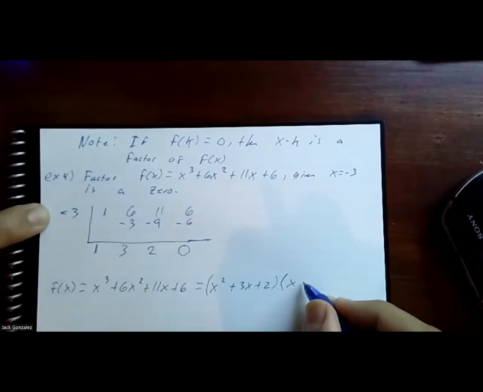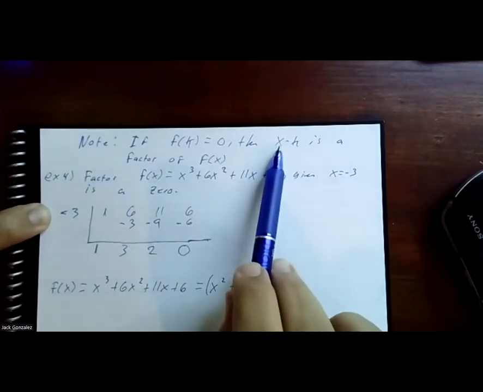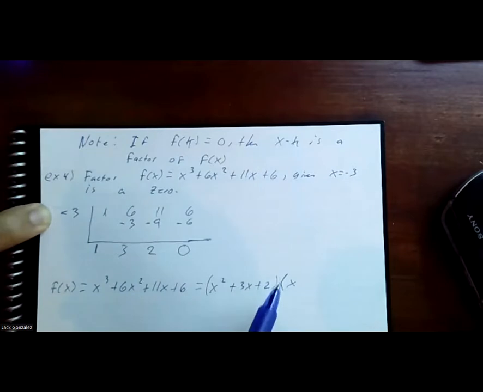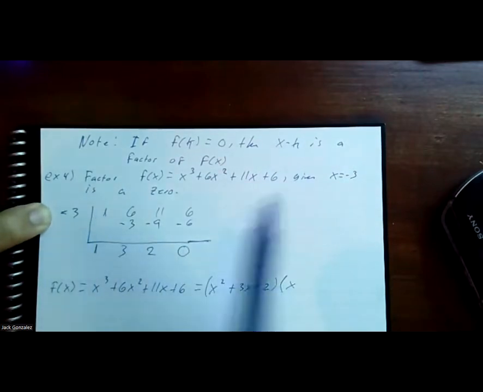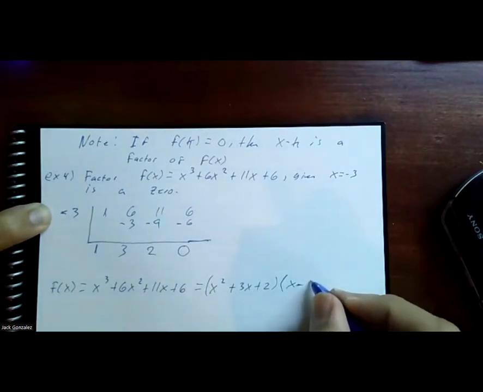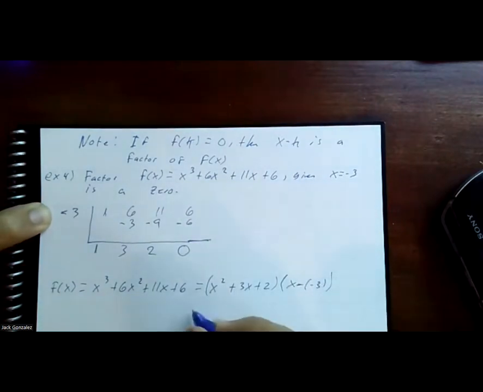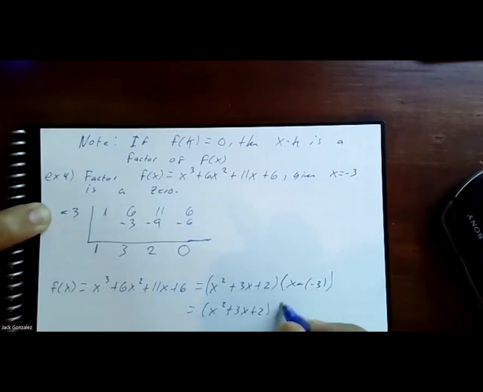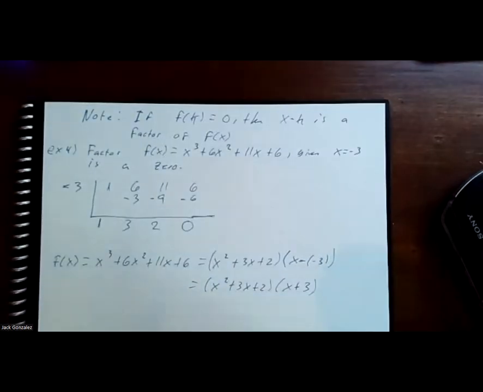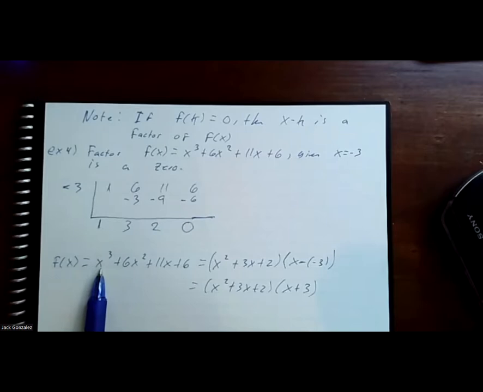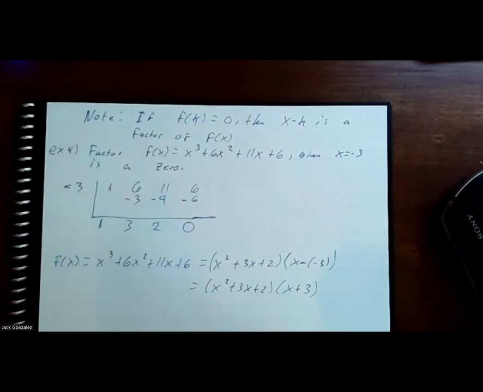So if you're factoring, remember we said if it's a 0, x minus the k is a factor. So if k is -3, minus minus would be the factor, which is of course +3. So you see how we are able to factor a cubic using this technique. That's why it's pretty handy, because we can now deal with high-powered functions.